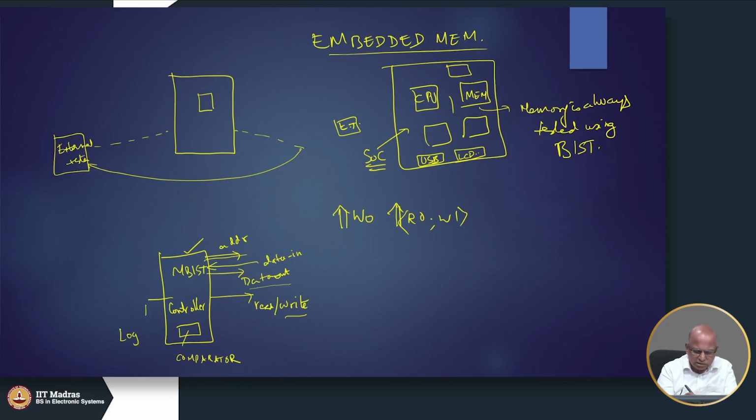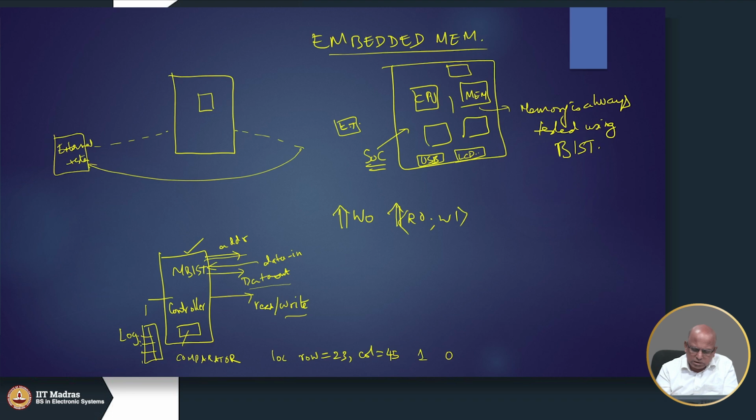So maybe it maintains a buffer of some kind where the information is logged, meaning at location row equal to 23 and column equals 45, I was expecting 1 but I got a 0. So this information is logged here. And there is space for a certain number of errors. If it has more than that many errors, maybe we don't want to use that memory.